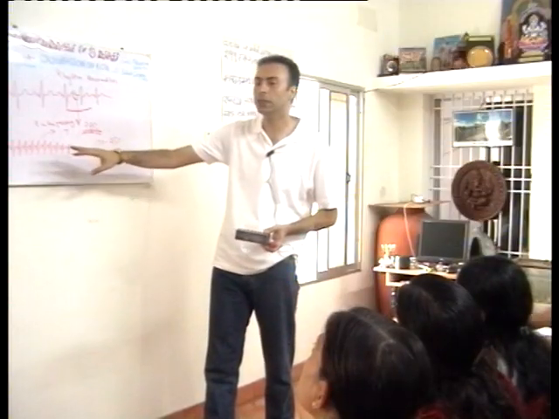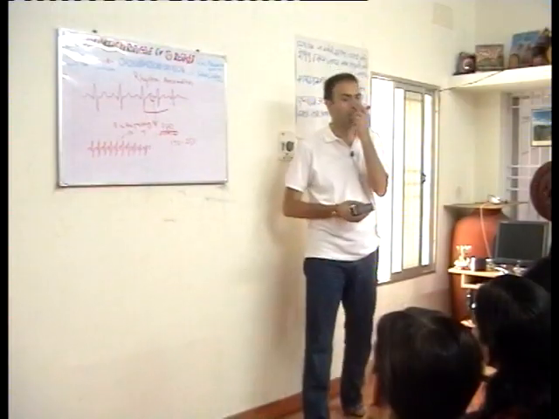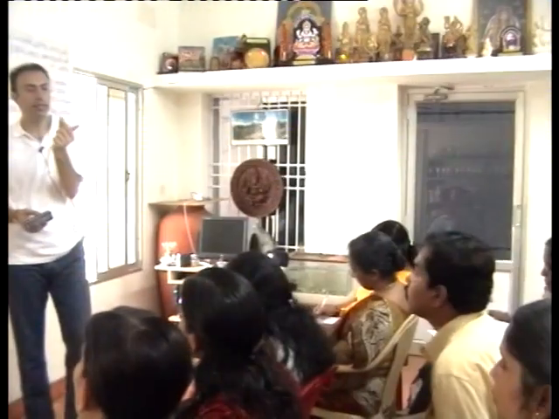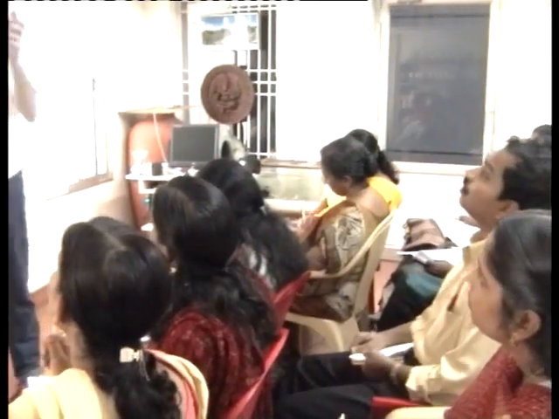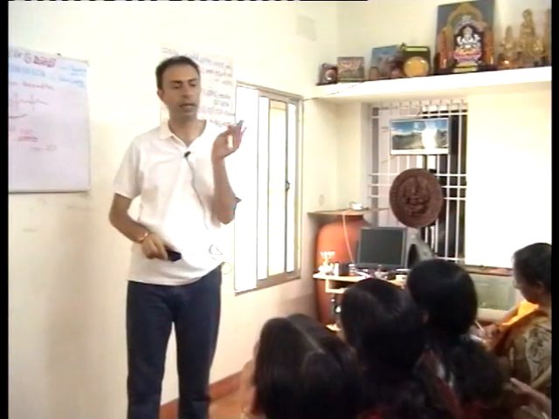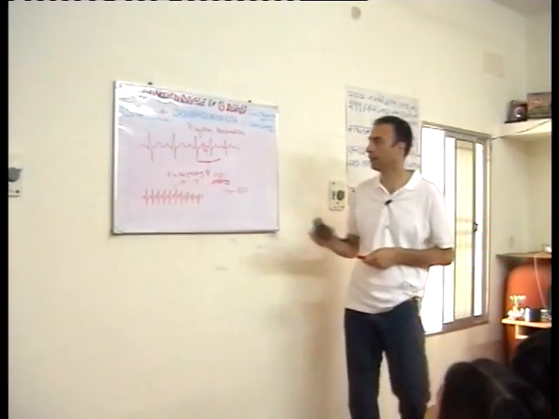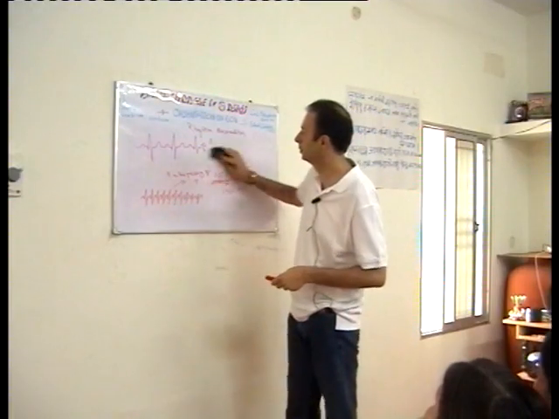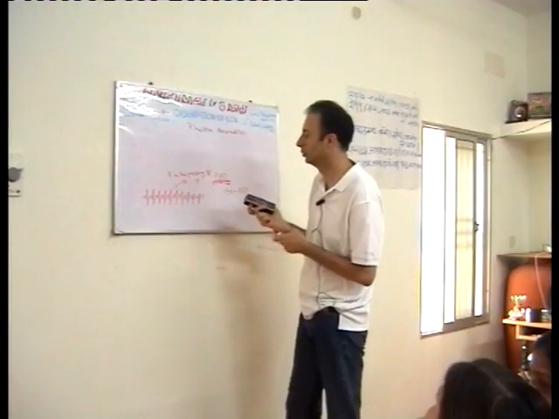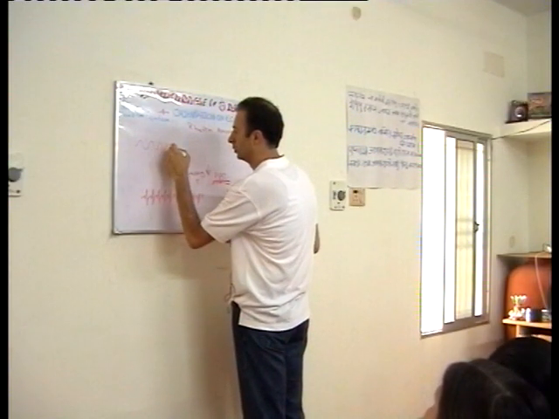After a few beats, we will have normal rhythm again. So basically, in sinus tachycardia, just remember that the shape is very normal. Everything is normal. Sinus tachycardia, paroxysmal atrial tachycardia, supraventricular tachycardia. These three.